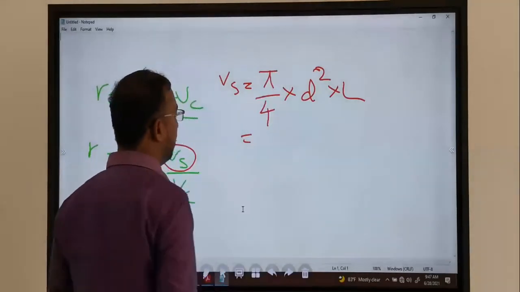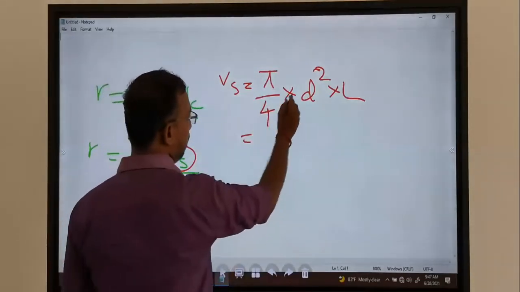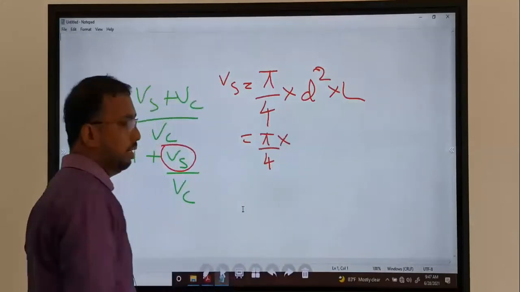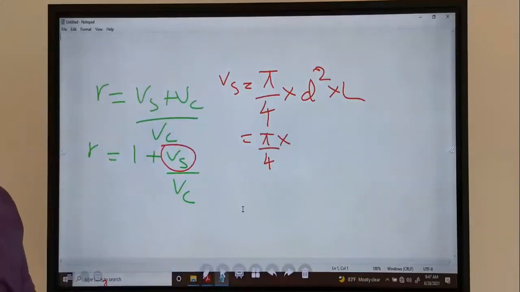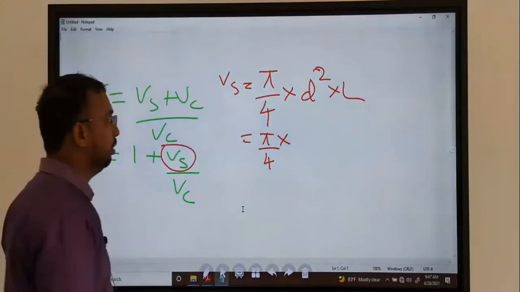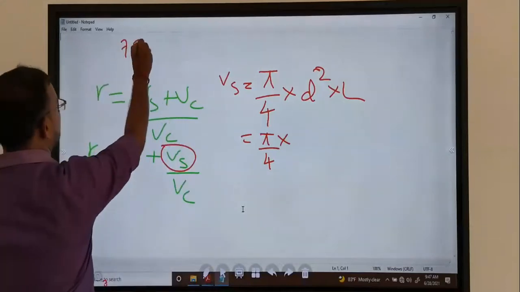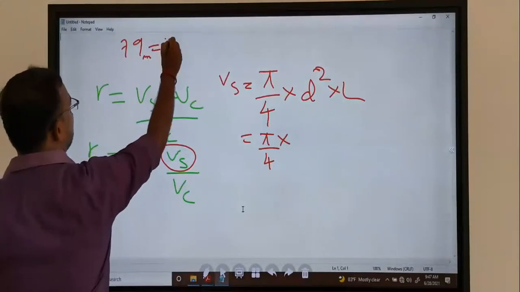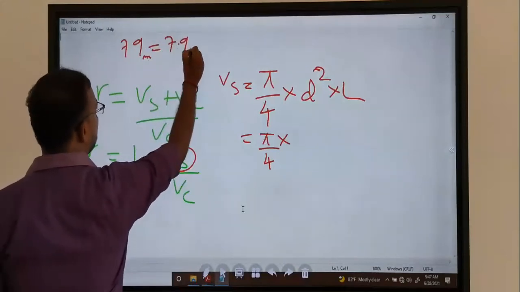So I put pi by 4 into d squared, where d is the diameter of the bore, 79 millimeter, equal to 7.9 centimeter.